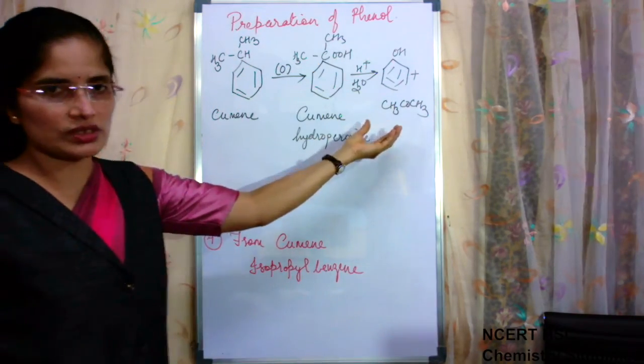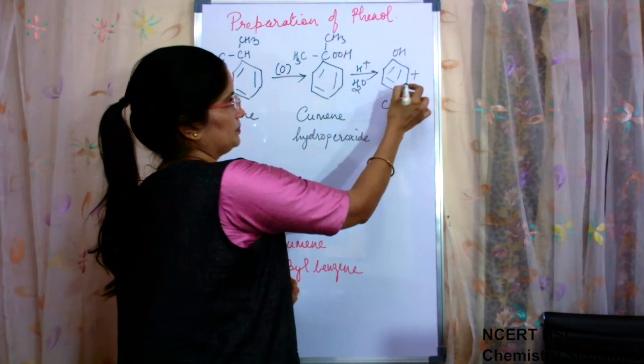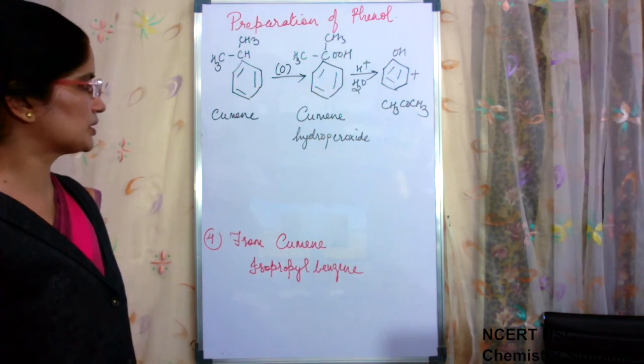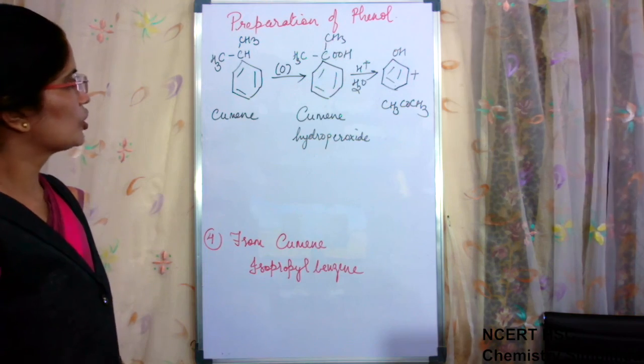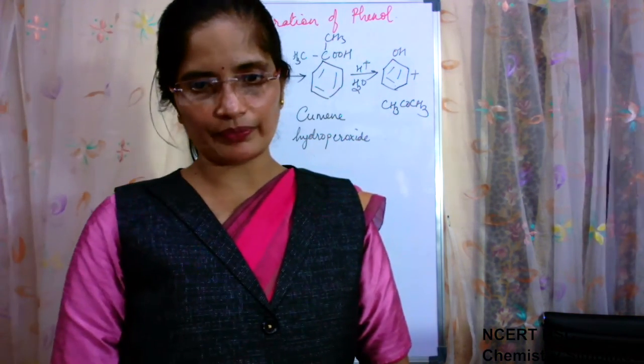A ketone is formed as a byproduct and phenol is the main product formed. So these are the four methods of preparation of phenol.